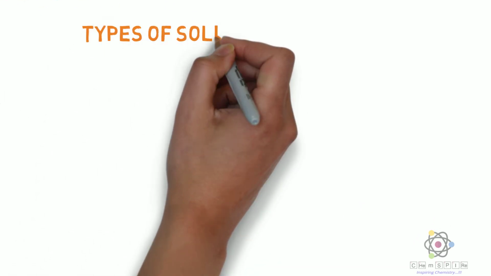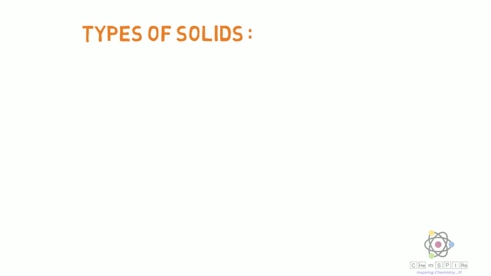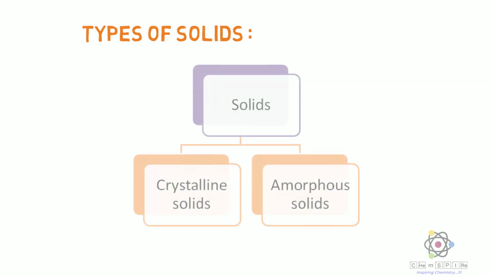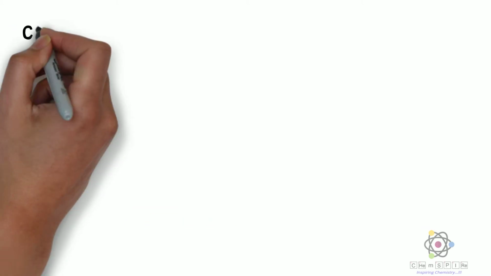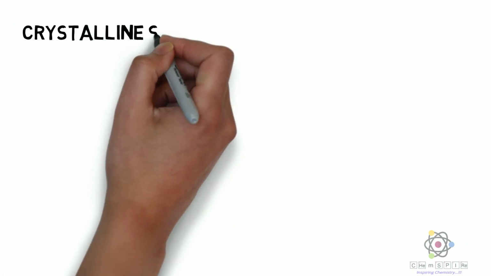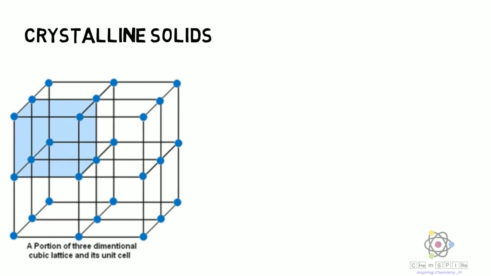Now the types of solids. There are 2 types of solids: crystalline solids and amorphous solids. First is crystalline solids. Let's discuss the properties.